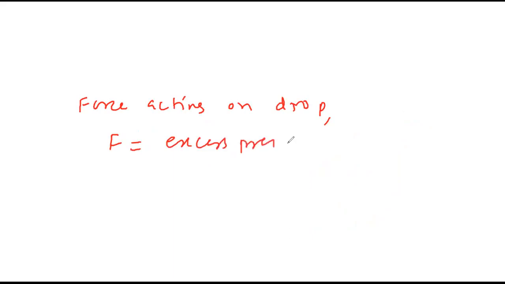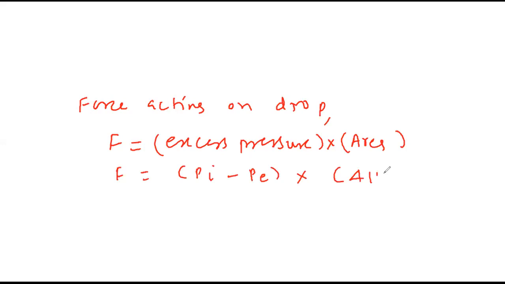Force acting on the drop, F equals excess pressure into area at that instant. Excess pressure is P internal minus P external, and area at that instant is 4 pi r squared.